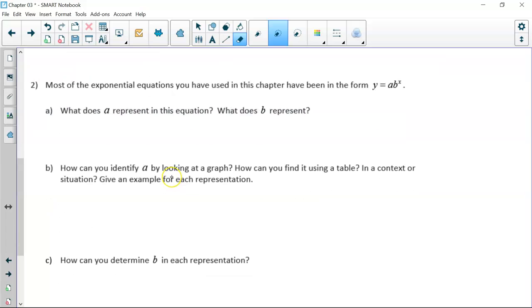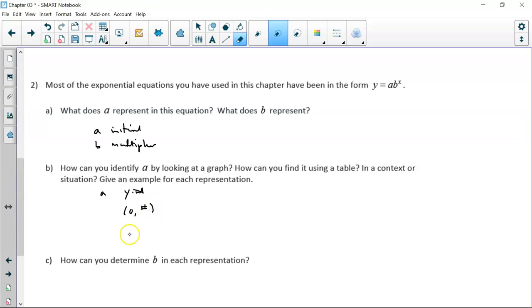So just a real quick recap. A is the initial, and b is the multiplier. Now, A is that y-intercept. It's always going to be at 0 and a number.